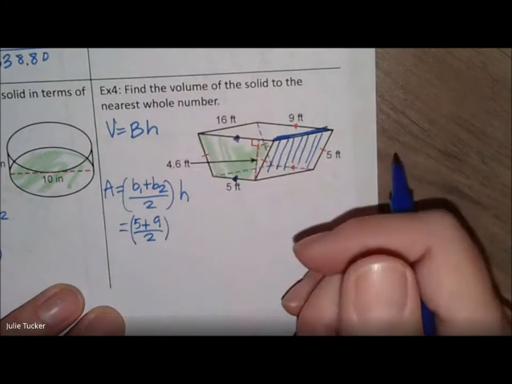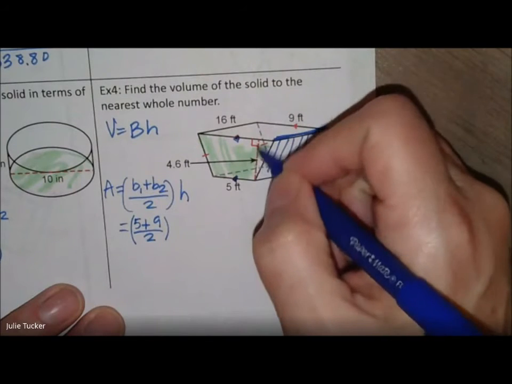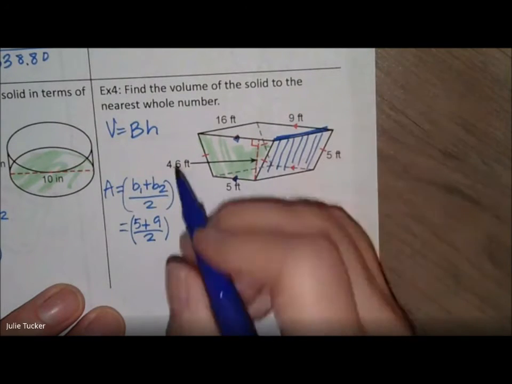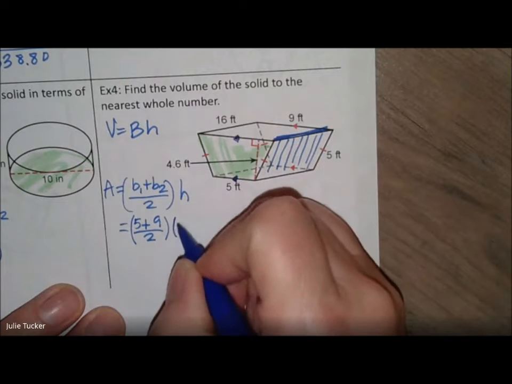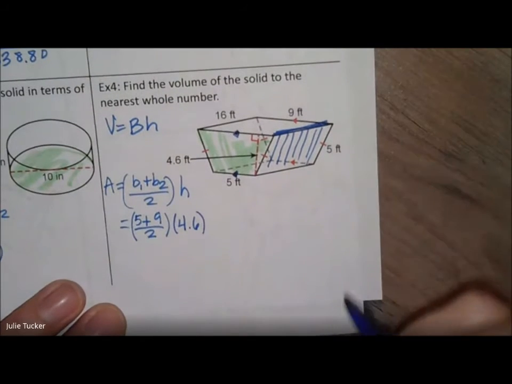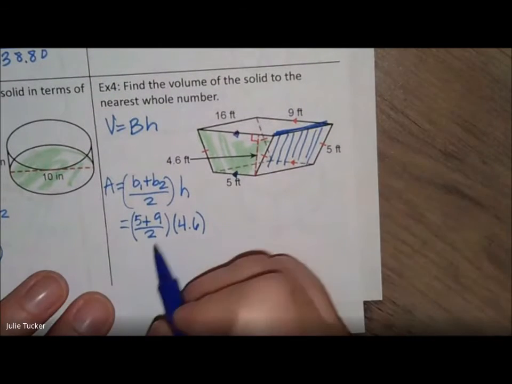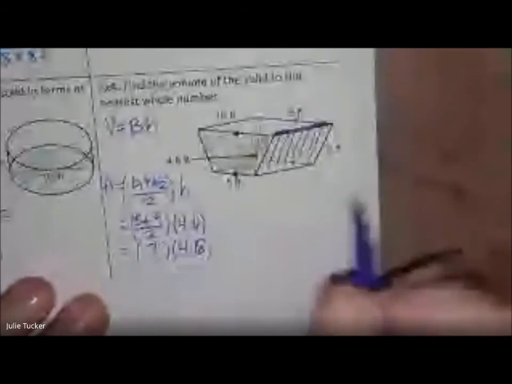Oh, just kidding. It's not 16. The height of the trapezoid is 4.6. So this is going to be 14 over 2. Good. Times 4.6.